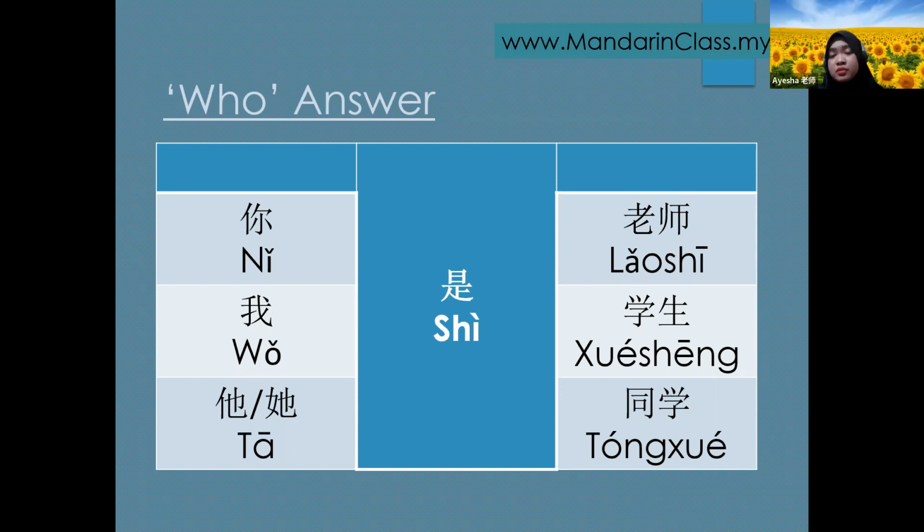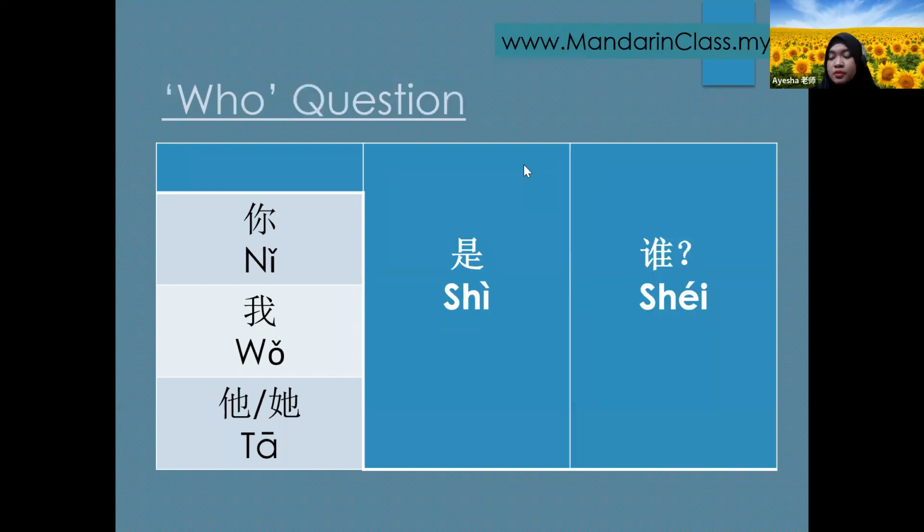What is the meaning of 是谁? Who is. Who is what? 老师 who is 老师, you mean. Yes, correct.